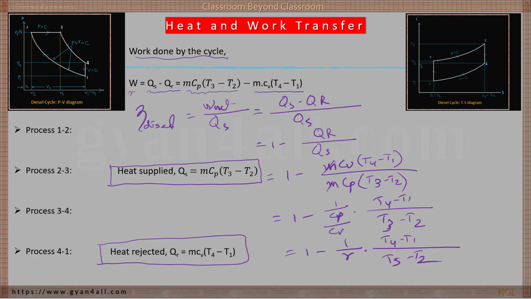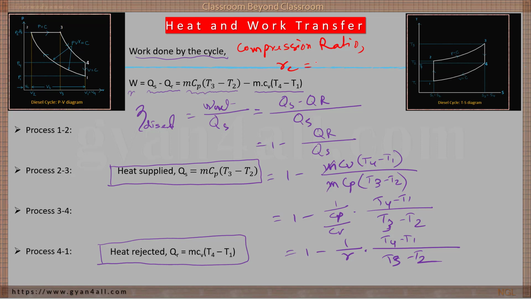Okay, so this is in terms of temperature, the efficiency of the diesel cycle. Now what will the compression ratio be? From the PV diagram, whenever I say compression ratio, you think of the compression process. In this PV diagram, which one is the compression process? 1-2.